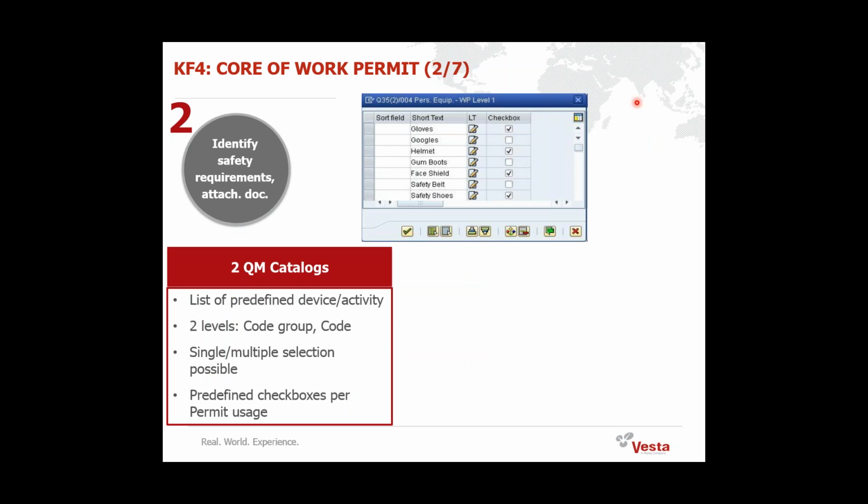Okay, another thing that you have to identify safety requirements is the use of the standard SAP catalog. So you have code groups and you have your codes, and then you can use single or multiple selections to identify, in this case, personal equipment that you need when you are going to do the job.